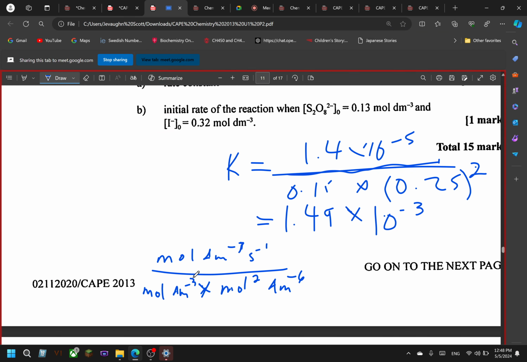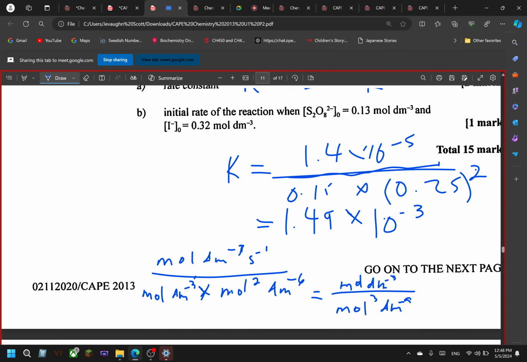So we have something like that. On the denominator, what we're going to end up with is mole cube, dm to the negative ninth power, divided by our original mole per dm cube per second, per second.